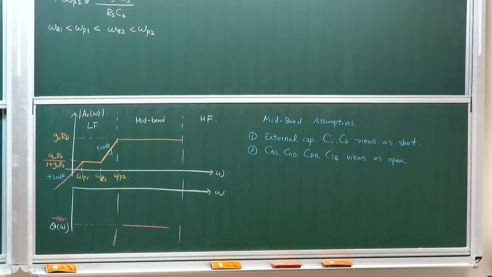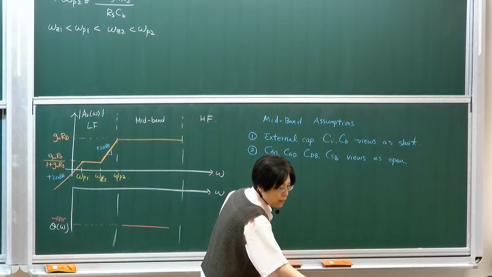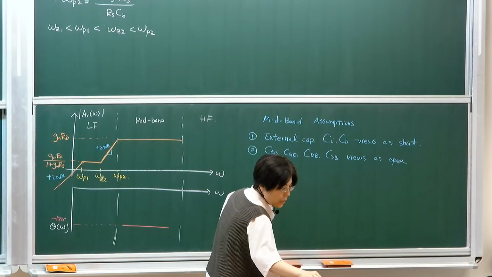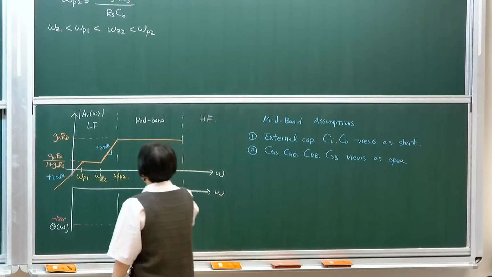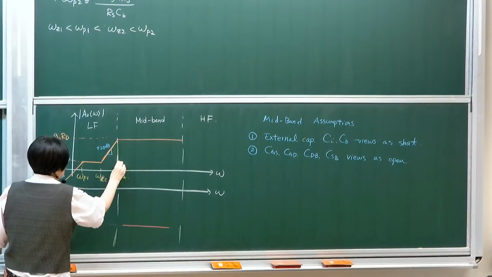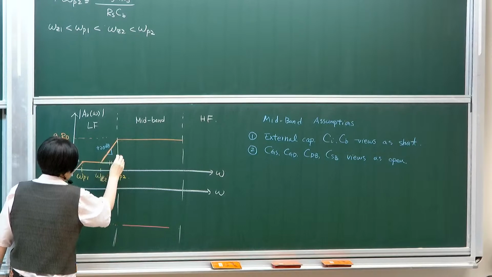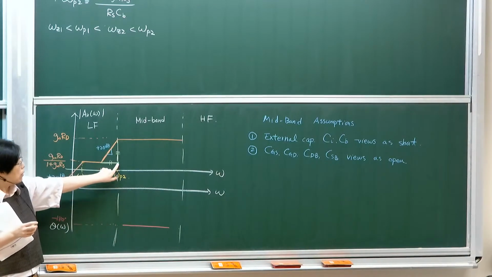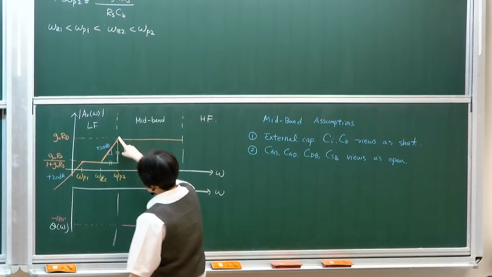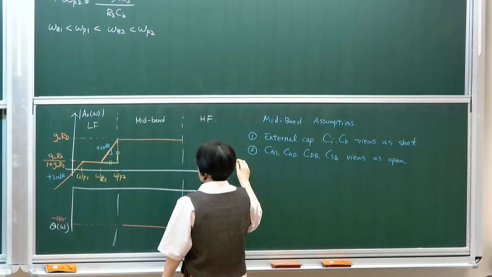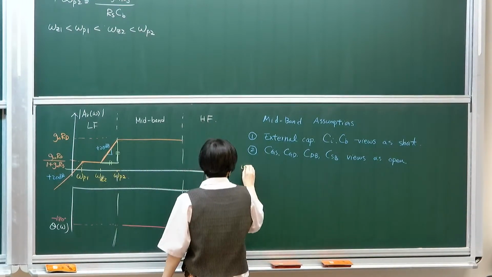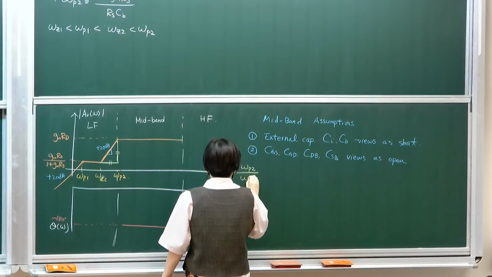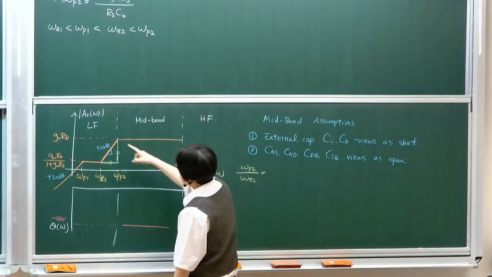And one of the things I would like to highlight is this color. You're supposed to get another same ratio between the two, this isosceles triangle. So what it means is that based on this 20 dB per decade ratio, omega P2 over omega Z2 should equal the height.